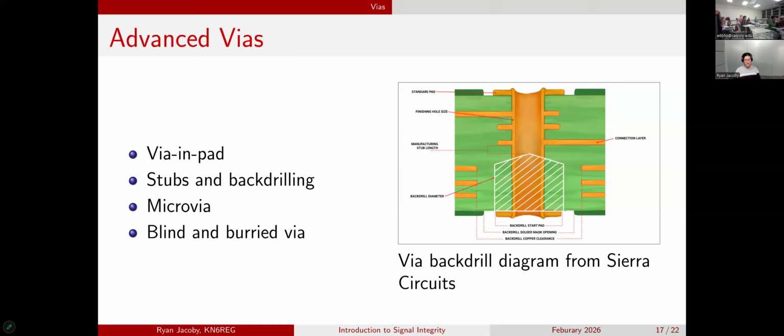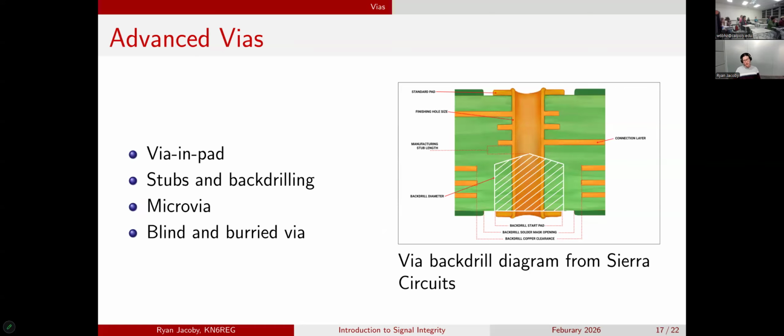So a common technology in modern high density digital designs is microvias, where you can take lasers and burn holes through certain layers of your board during the manufacturing process and then plate those. You can get really, really tiny vias that way.